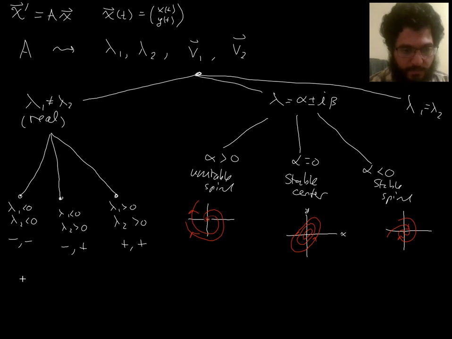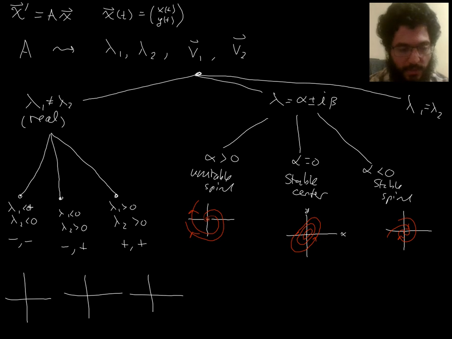And I can make a picture for each one. So in each case, you've got these eigenvectors. If you want to draw an accurate picture, then you need to know about the eigenvectors. Just like over here, I wasn't actually drawing accurate pictures. I'm just giving the general idea. I don't know that the spiraling out here will be clockwise.